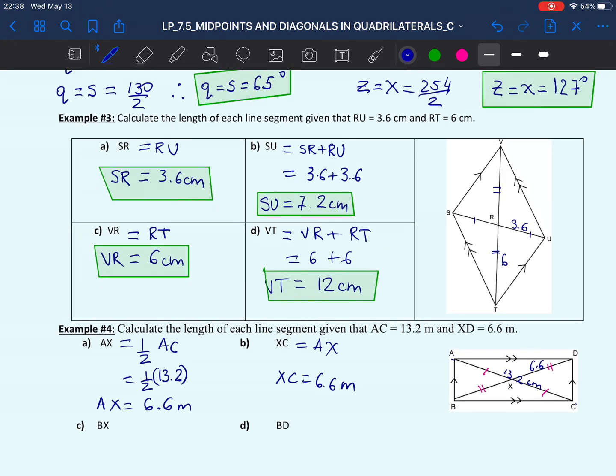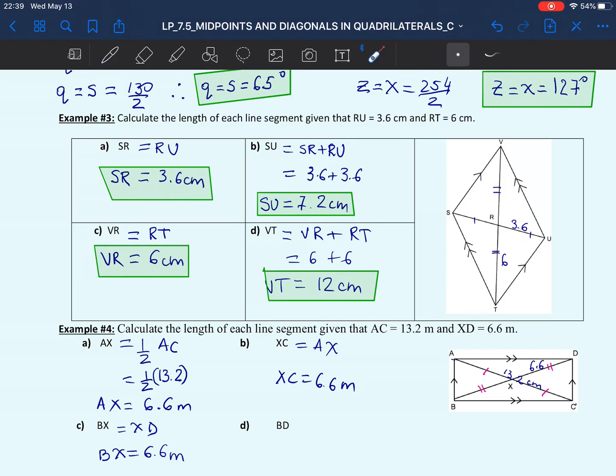The next line segment that we need to find is BX. So BX would be equal to XD. So BX must be 6.6 meters.